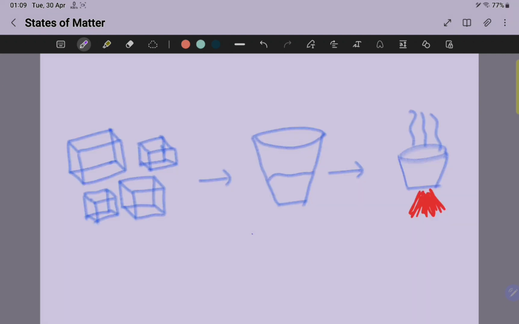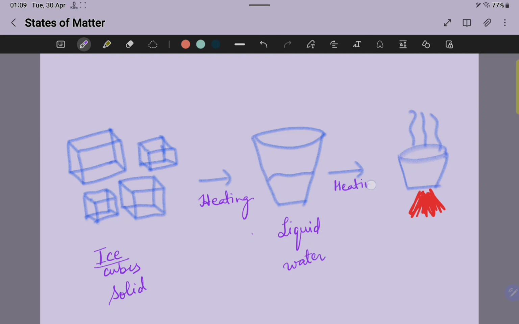So the simplest example for this is that ice cubes are a form of solid which on heating will form liquid, that is water, and that on further heating will form gas, that is water vapor.